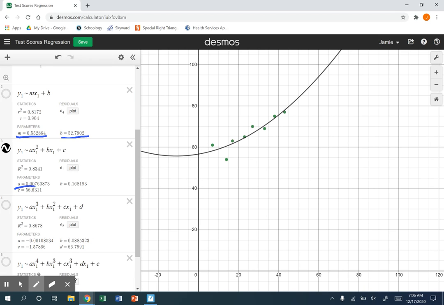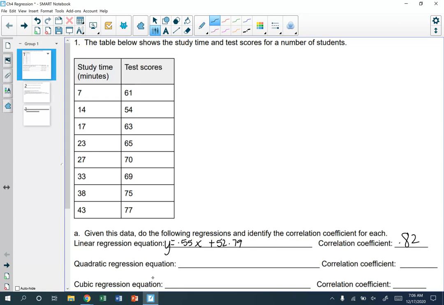A will be 0.007, we'll say 0.008. B is 0.17, and C is 56.63. So I'm going to go ahead and write those in here. So for our quadratic, we have y equals 0.008.